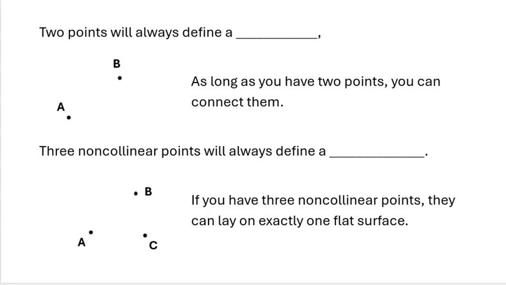In geometry, a lot of what we do depends on a couple of definitions. So 2 points are always going to define a line. As long as you have 2 points, we are able to connect them with a line. That doesn't mean that there's only 2 points on a line.